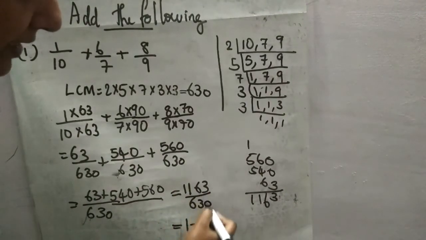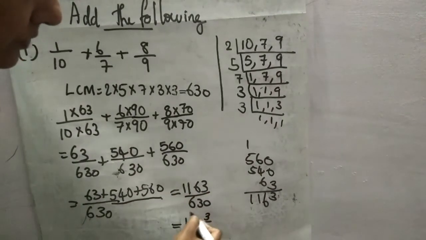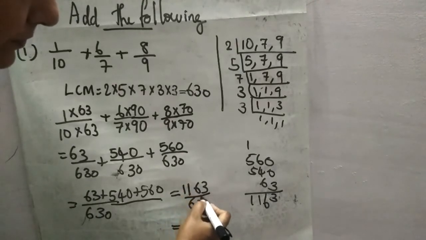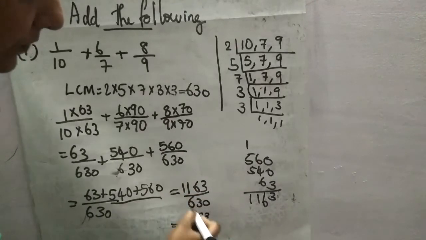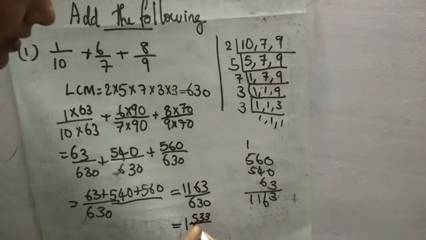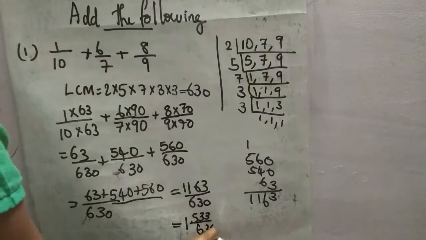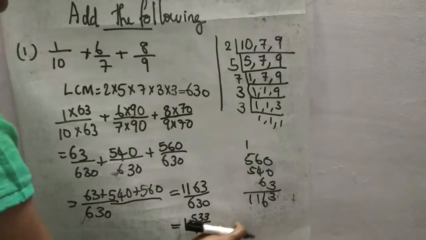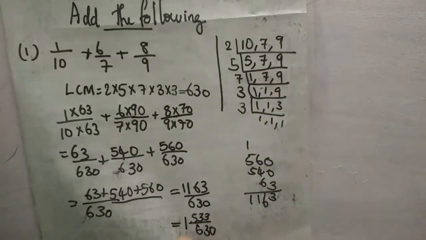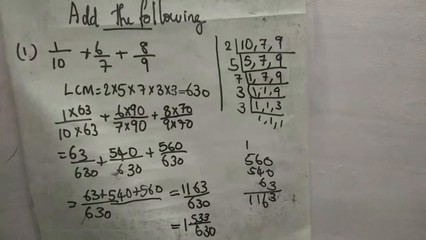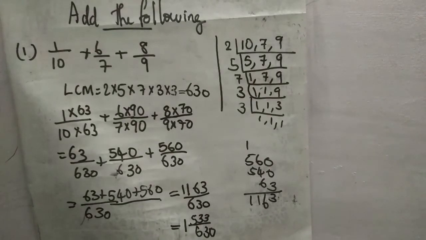How much remainder will you get? 533. Here you get the remainder, and 630 as divisor. So you get the answer 1 and 533 by 630.